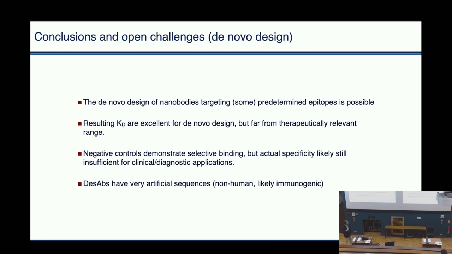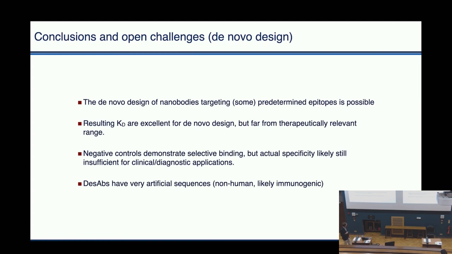These resulting KD are very good for de novo design, and I should also state that in this approach we designed these nanobodies and tested them in the lab as they were, while a lot of other people who have designed binding proteins or binding antibodies typically design a library, hundreds or thousands, and then screen it for binders. But still, this KD is far from therapeutically relevant ranges, so we need to get 2 orders of magnitude better.